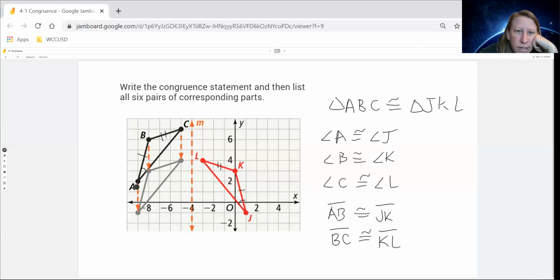And the longest side, the longest leg of the triangle, is from A to C. So this time I'm taking the first and the last letter, and over here it's going to match up with the first and the last letter, side length JL. So this is all 6 congruent statements. Triangles have 6 parts in them: 3 angles and 3 sides.